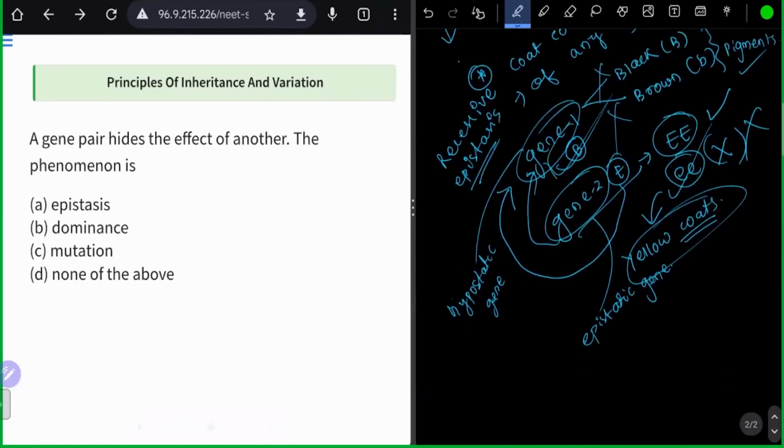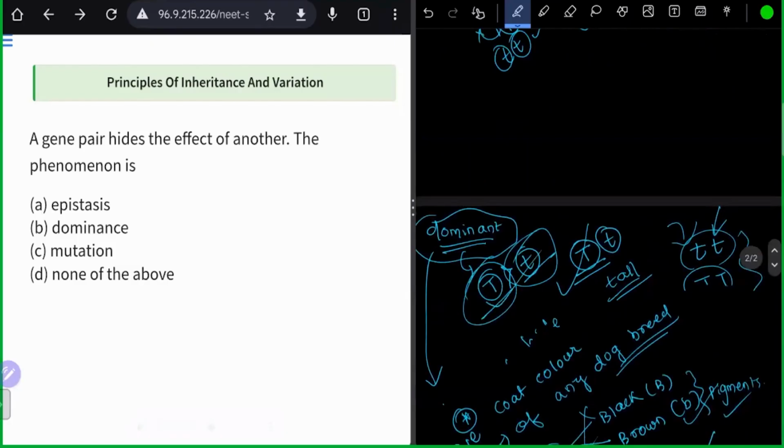Here the genes are gene B and gene E. If small e is there, then there is no pigmentation, so the coat is neither black nor brown, but yellow in color. But dominance is between two alleles, where one allele is dominant over the other, right?